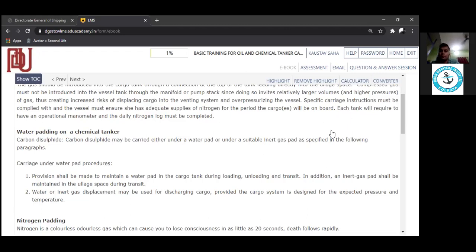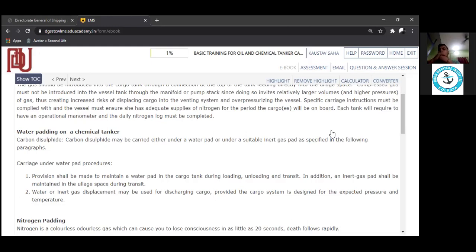Then, water or inert gas displacement may be used for discharging cargo, provided the cargo system is designed for the expected pressure and temperature. So, it might be that this cargo is heavier than water. So, if you put water, it might be floating on top. Since it is saying carbon disulfide, it must not be a very pure cargo.